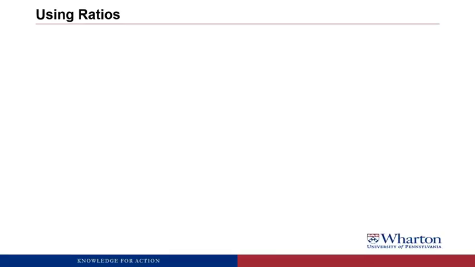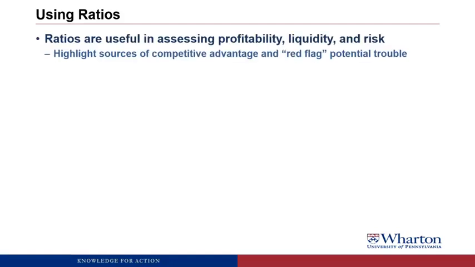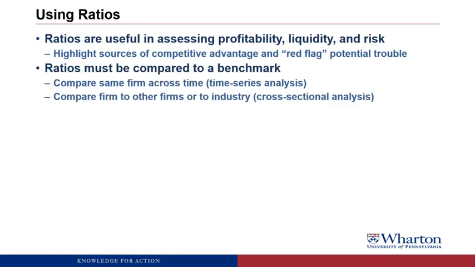Let's start by talking about how to use ratios. So ratios are going to be useful in assessing profitability, liquidity, and risk. They're going to highlight sources of competitive advantage, so what areas of the business is the company doing really well, and red flagging potential trouble, so what areas is the company not doing so well in. But to do this, we have to compare the ratios to a benchmark.